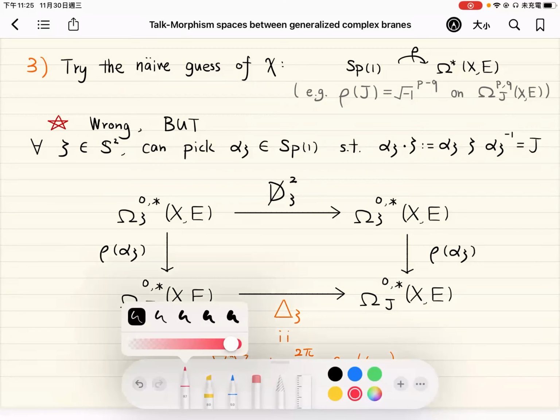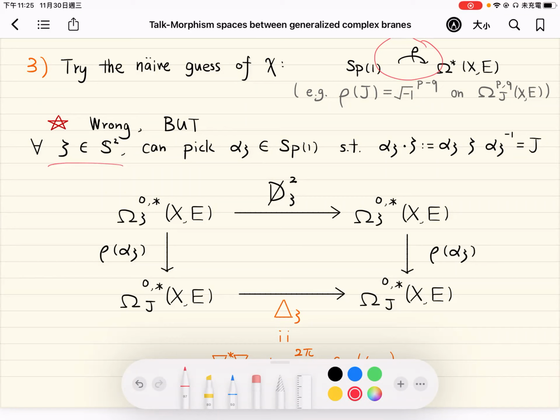So that is the rho here, acting on the E-twisted forms on X. Of course, this is wrong, but it is also helpful for our proof, because if we fix the theta in the two sphere, because the SP1 action on the two sphere is transitive, then we can always move this theta back to the point J by choosing an element in SP1. I call it alpha theta, or just alpha for simplicity. So alpha acts on theta to get J.